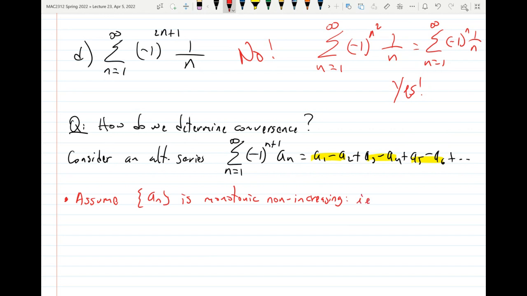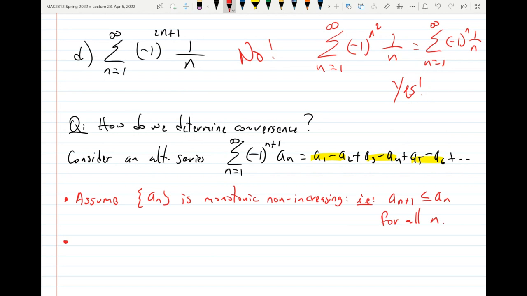In other words, what I mean by that is that a_(n+1) is less than or equal to a_n for all n. When you go to the next term, it's going to be smaller than the previous one. So let's work with that. Secondly, notice that the plus and the minus are already taken care of by negative 1 to the n plus 1. So a_n itself is positive.